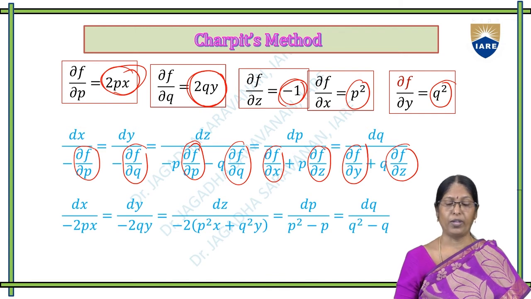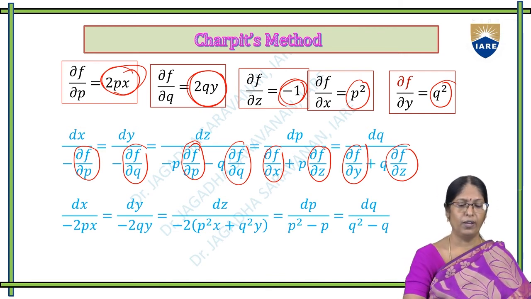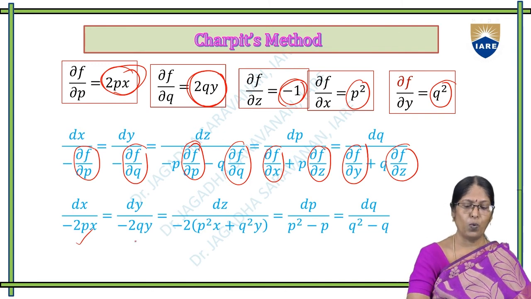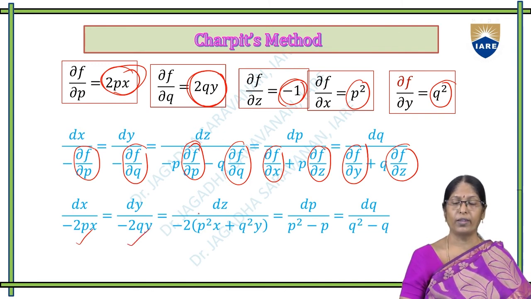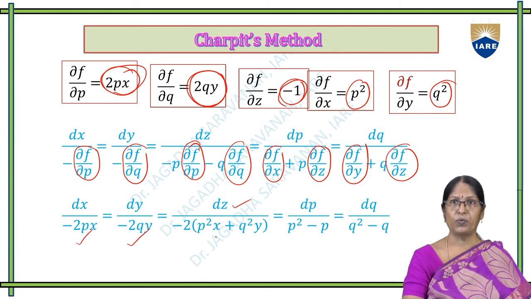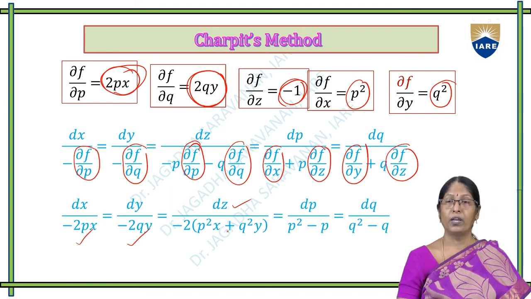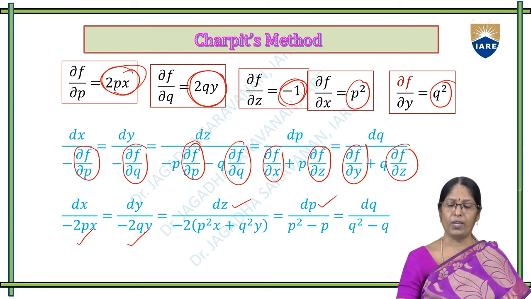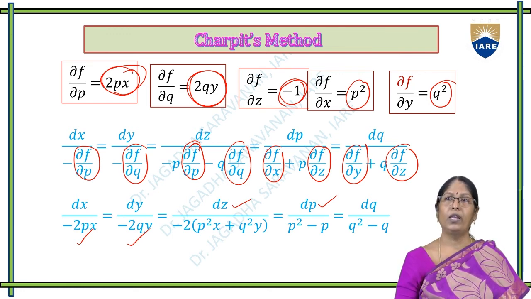So after substituting, we got dx by minus 2px equal to dy by minus 2qy equal to our third member dz equal to minus 2, that is we have taken common out after substituting, p square x plus q square y, which is equal to the fourth member dp by p square minus p, equal to the last member, that is the fifth member dq by q square minus q.